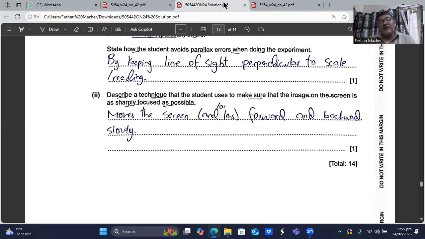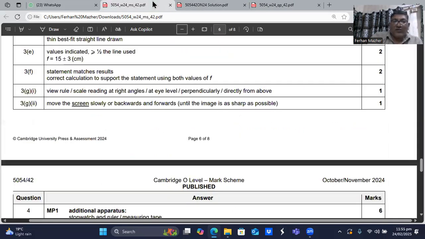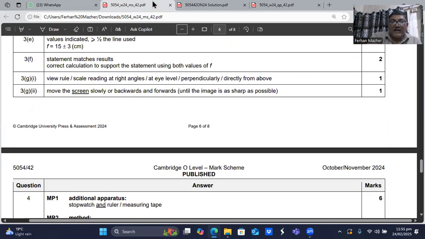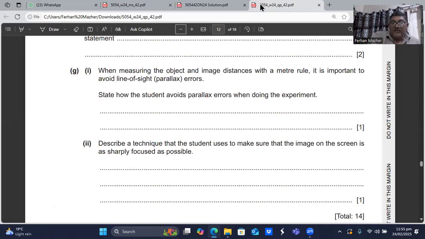So move the screen slowly backwards and forwards until the image is as sharp as possible. So this is how you do the question number 3.